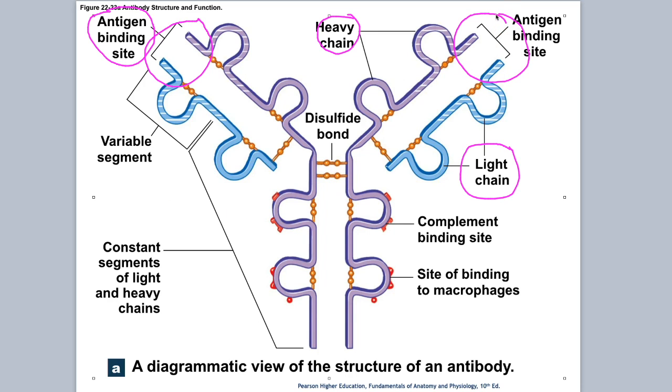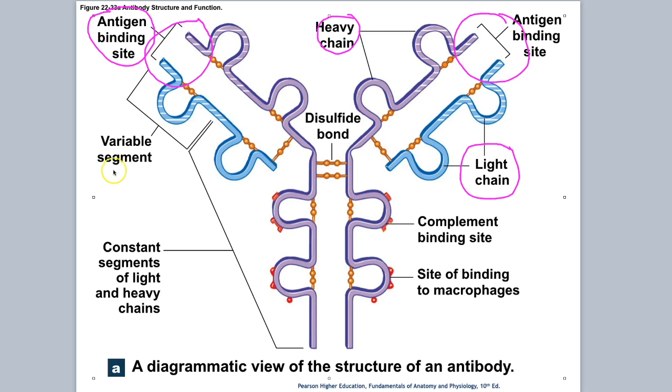The amino acids in this region are the ones that bind to those foreign antigens. So this is the part of the antibody that sticks to those foreign particles. We can make millions of different kinds of antibodies that can bind to all sorts of foreign particles so that we can protect ourselves against many different things, many different pathogens.